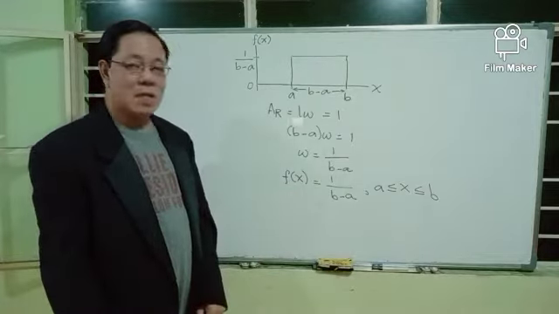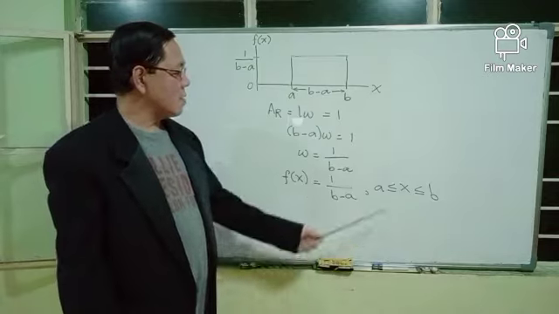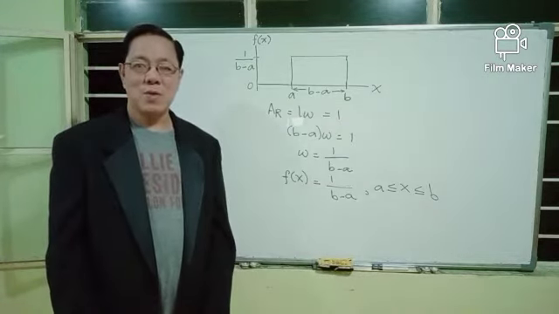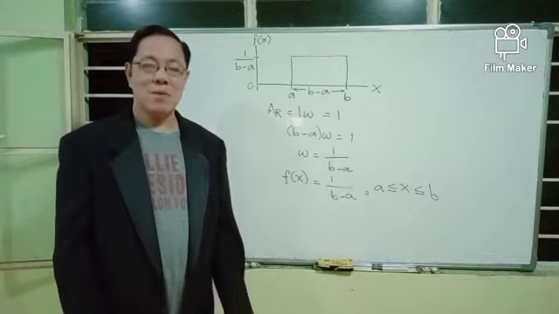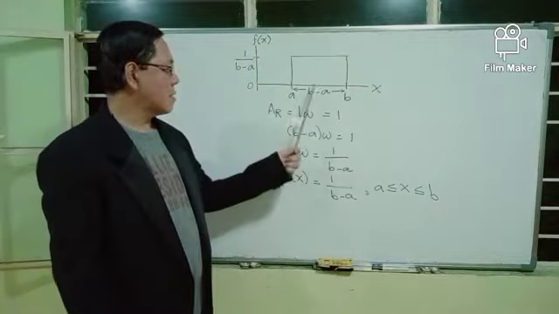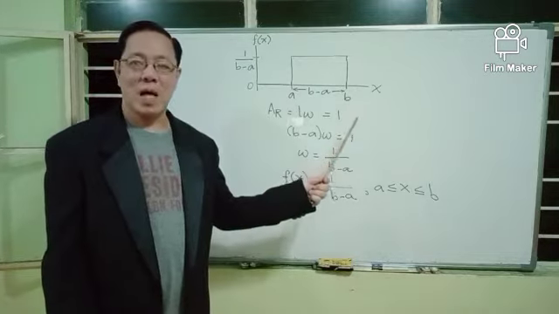Now the mean of the values of x for the uniform probability distribution for continuous random variable is denoted by mu, and it is the midpoint of this line interval between a and b.